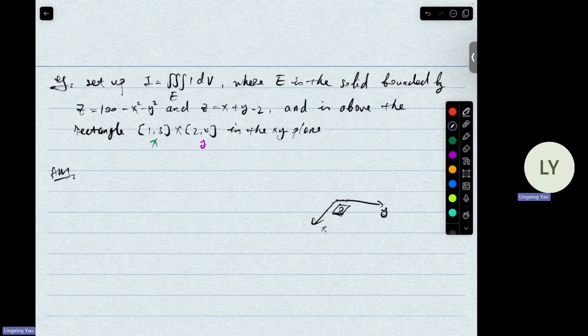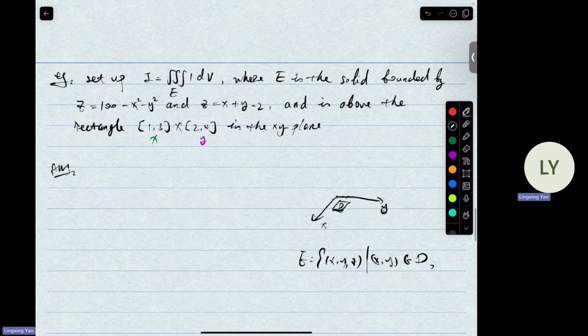You can imagine that you can jump onto any point of this rectangle. So here, E is represented by (x, y) in D, all right?